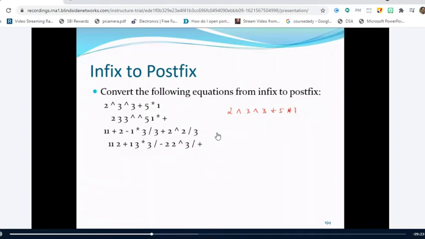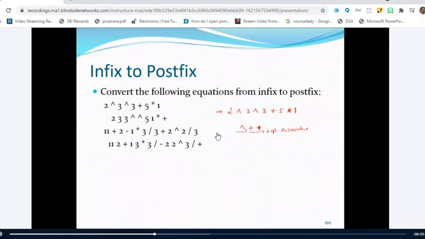Right. So how many operators are there in this example? We have three varieties of operators. Yes, sir. One is cap, which is exponentiation, another one is plus, and another one is star. So the plus and star are left associative. Is it right or not? Yes, sir.